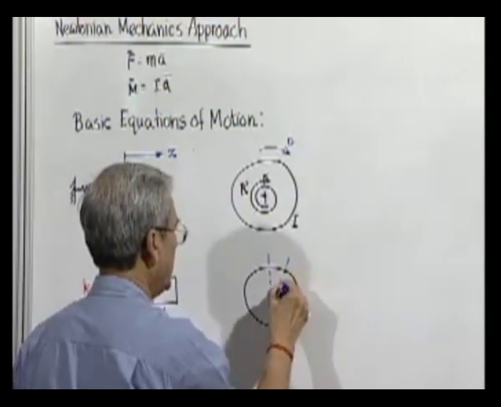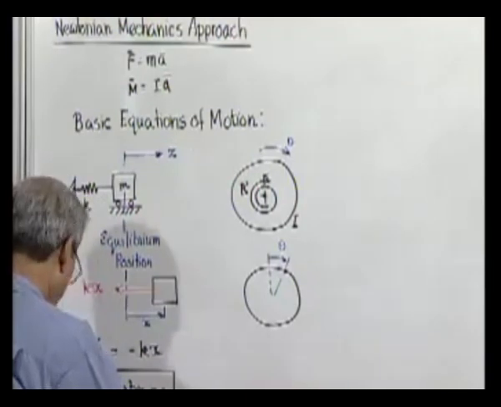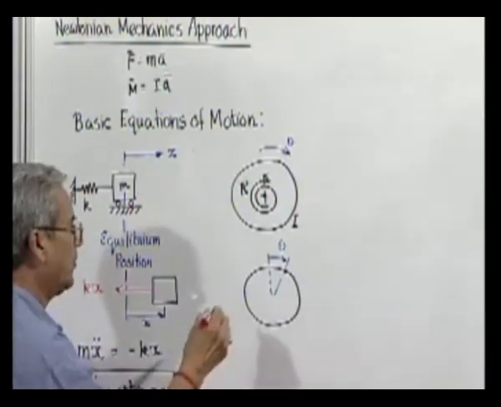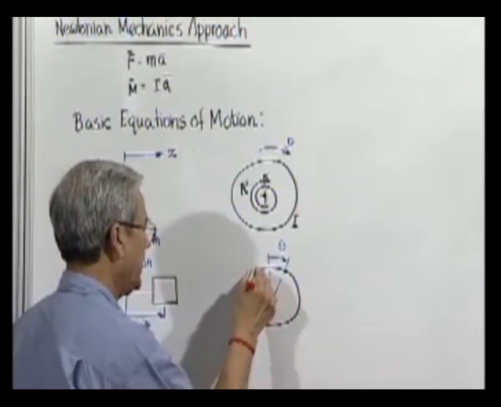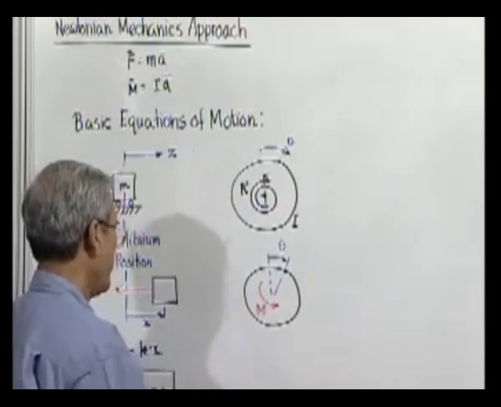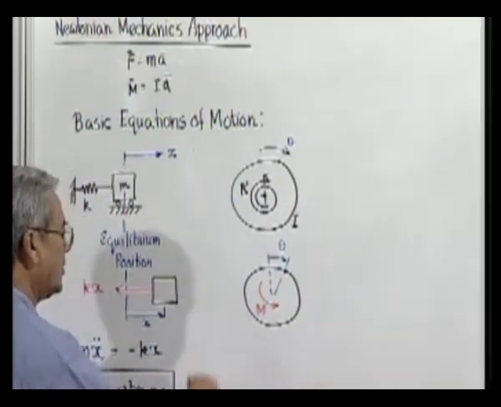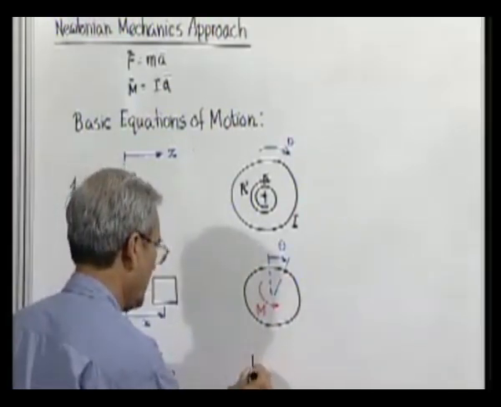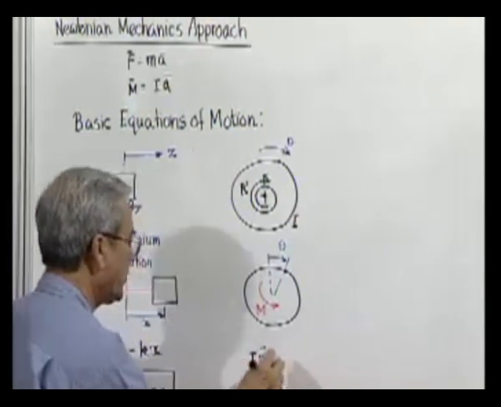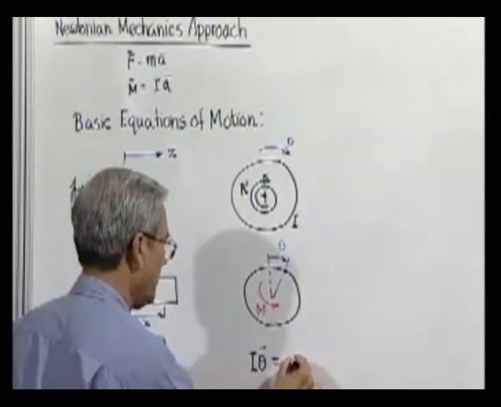So, then when the angular displacement is theta, as the torsional spring is now deformed, it will apply a moment in this direction, which is M. And the equation of motion, that means I, moment of inertia, into angular acceleration, that is theta double dot, must be equal to the total moment acting in that direction, which is nothing but minus K theta.